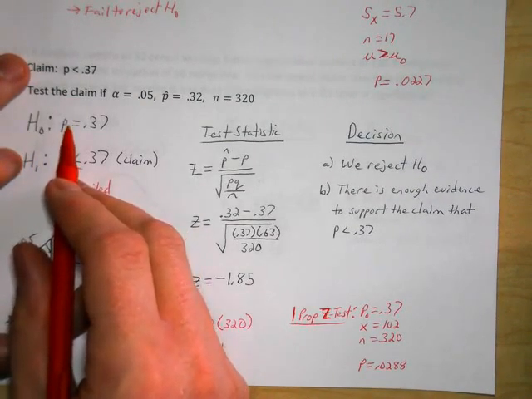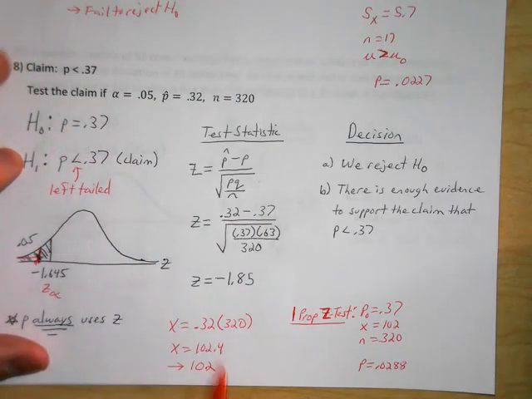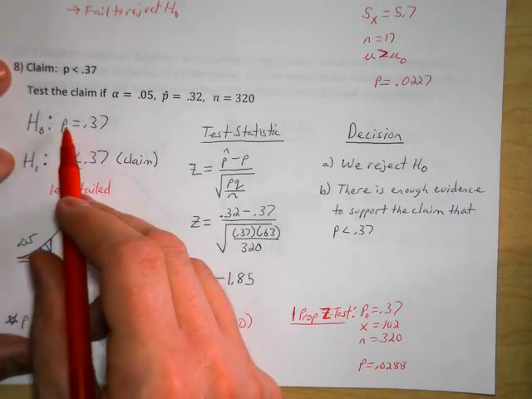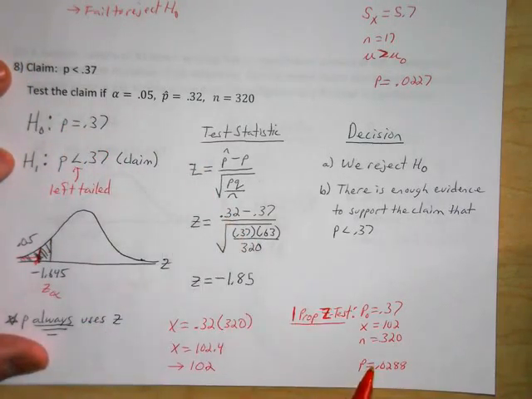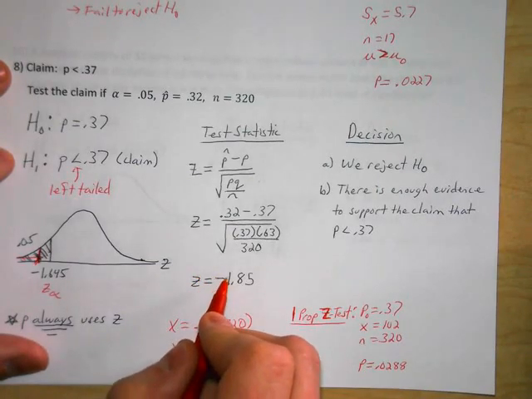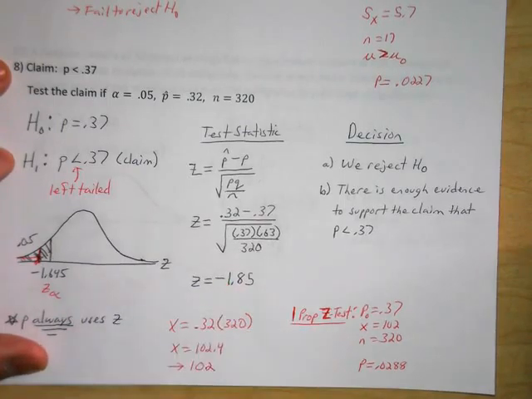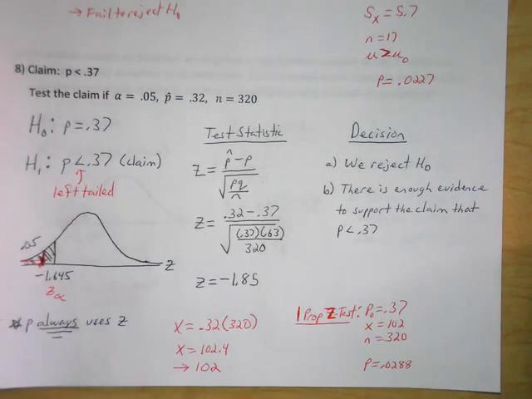I know they look exactly the same because of the writing, but this is a population percentage. This is a probability that z is less than negative 1.85. So that is the p-value approach. You can go through the others, the word problems, and see how they match up with the p-value approach.